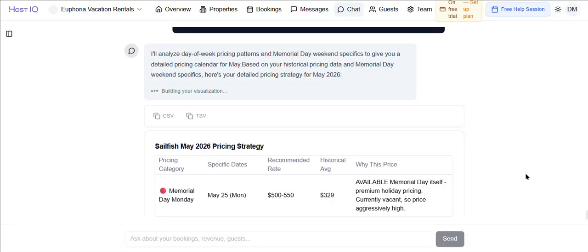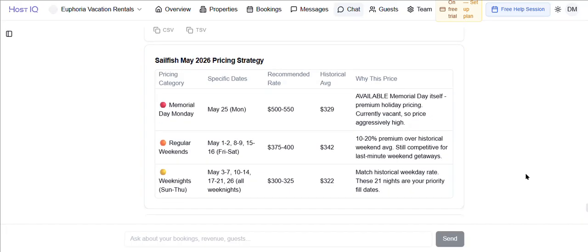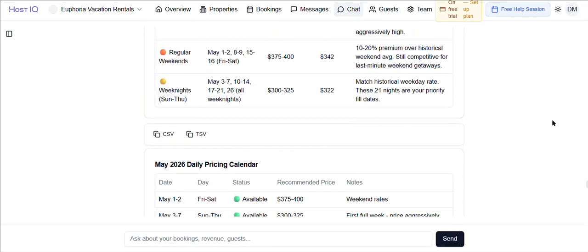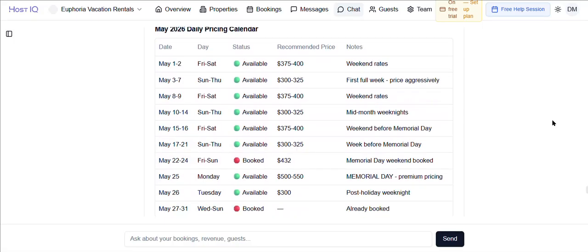And then it'll even tell me what OTA channel specifically does the best during this period. So it's telling me to keep it high for that weekend of Memorial Day, and for my regular weekends be about 375 to 400 a night, and for weeknights about 300 to 325, which I will set my pricing to. And now it's giving me more detail for each night.